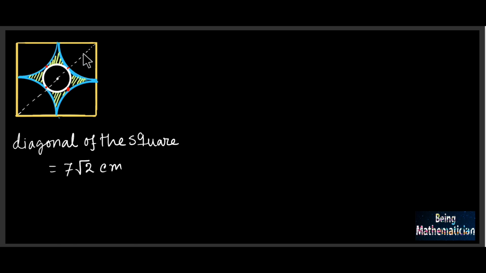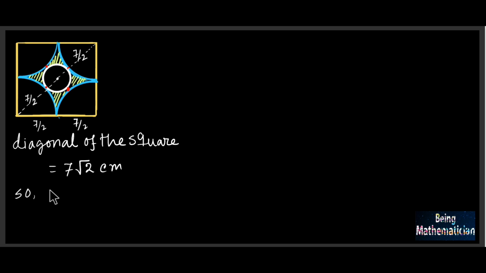So this is 7 root 2 and this is the radius of the quadrant, and it is 7 by 2 and 7 by 2. So this line is 7 by 2 and this line also is 7 by 2. So we can measure the diameter of this small circle.